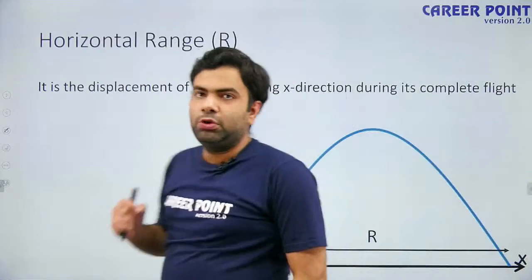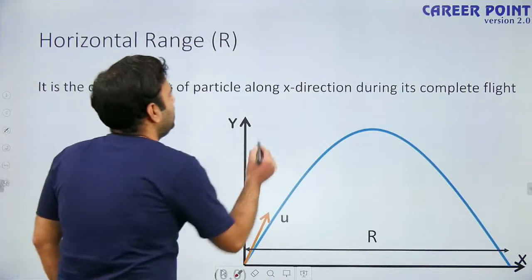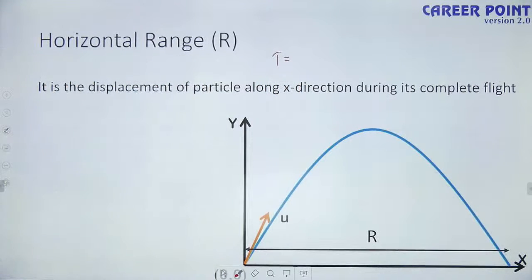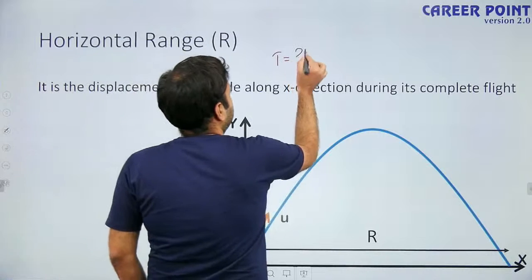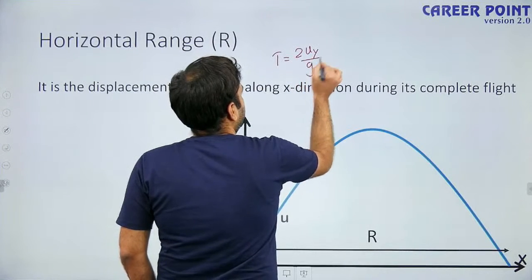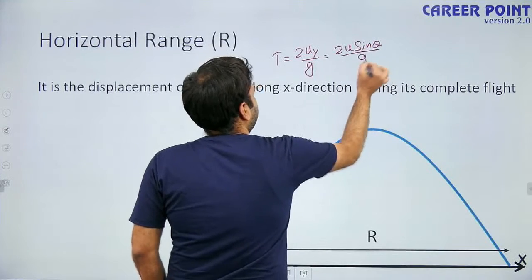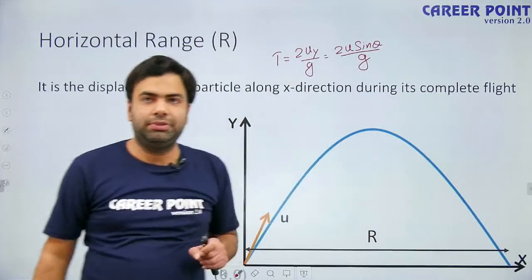We know the time of flight. What is time of flight? We have calculated it already: 2uy by g, that is 2u sine theta divided by g. This is the time taken by this projectile to complete its journey.